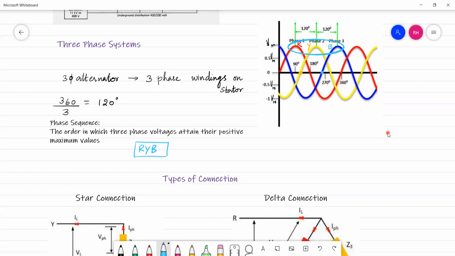In industries, if we are supplying a motor with R, Y, B and its direction of rotation is clockwise, and you want to reverse the direction of rotation, then reverse the phase sequence. Instead of R, Y, B, if we reverse the phase sequence as R, B, Y, the direction of rotation is also reversed.